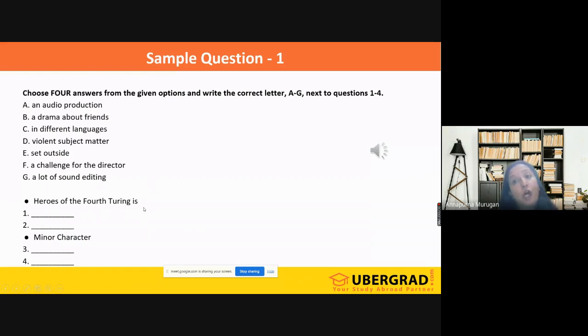So when they are talking about heroes of the fourth turning, be careful, listen, and while you are listening, look at the options there. If they are talking about the main character, at that time you need to glance through the options there. Till then, keep your mind free with only the questions.